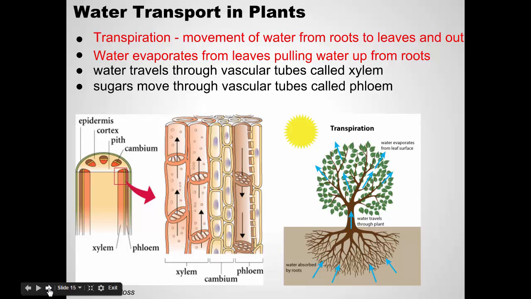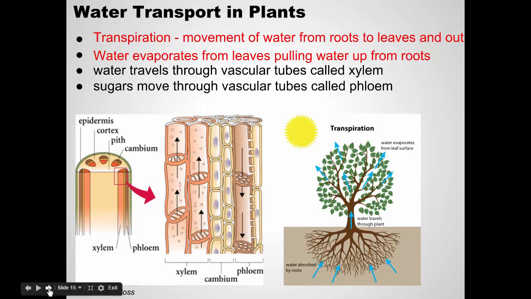So forces of cohesion, which means water molecules are sticky to each other. And so if you imagine pulling a water molecule out of the leaf, it pulls with it the next one, and that pulls on the one behind it. That pull, because of those forces between water molecules, helps move this water up the plant.